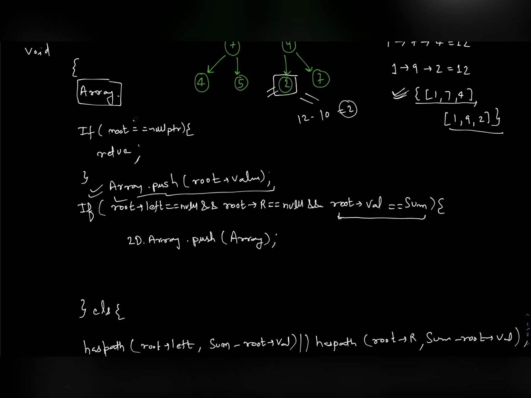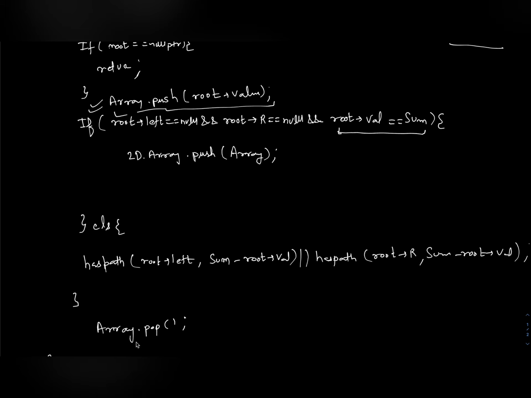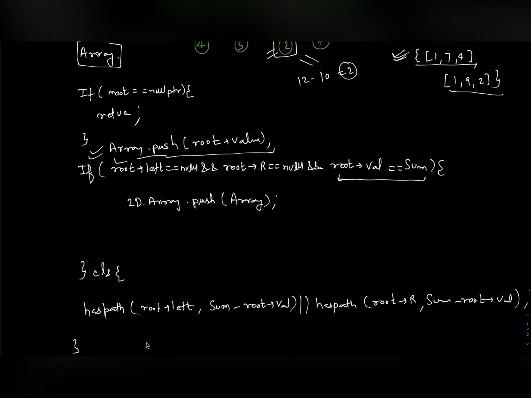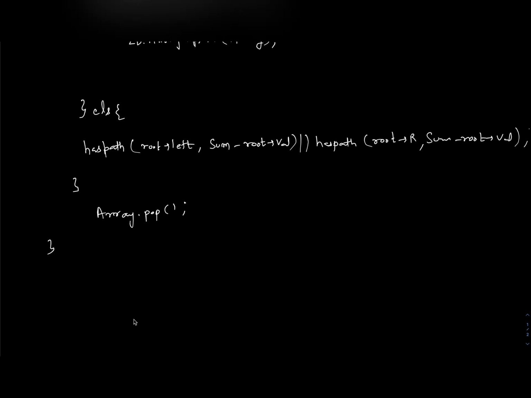So why exactly did I pop in the last step? Suppose you want a sum of 8, and we are moving only along this path. Here the sum is going to be 1, 2, 3 and 4, and that is 7. So that's not it. But in the last step we pushed this 4.